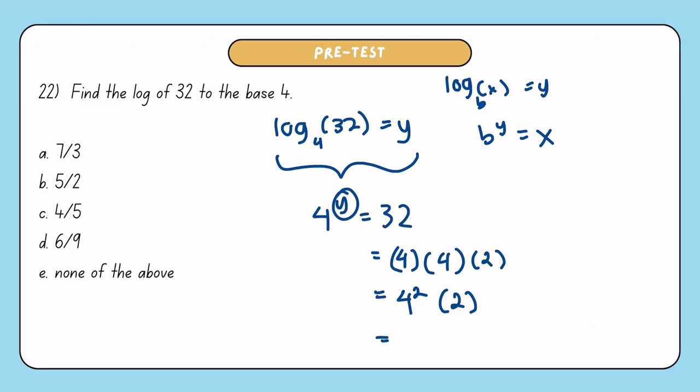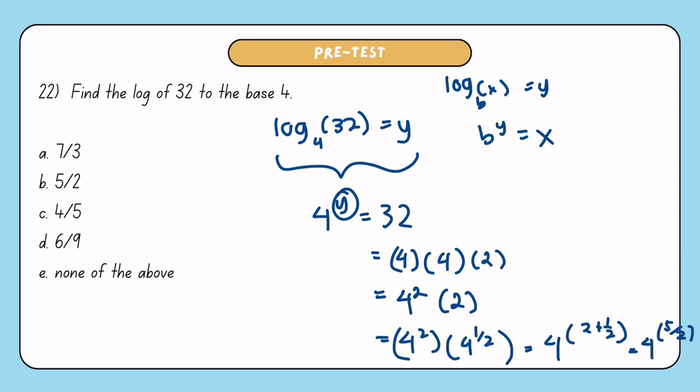Na natin isulat, 4 squared times 4 raised to 1 half. 4 raised to 2 plus 1 half, or simply 4 raised to 5 halves. So, pag sinulat natin ulit back to its original form, the log of 32 base 4 is equal to 5 halves. So, the answer is letter B.